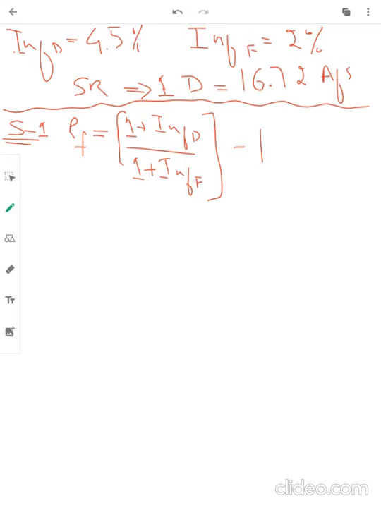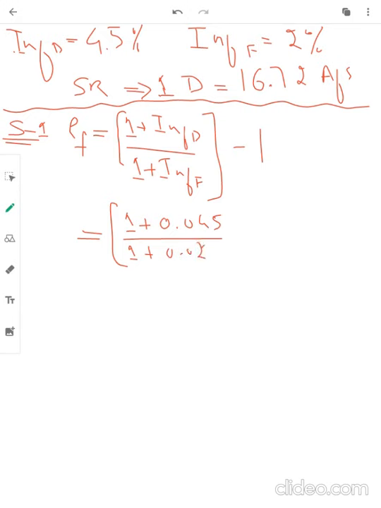So let's incorporate the values. Our inflation of the domestic country or currency is 0.045 because it is given in the numerical that it is 4.5%, while the inflation in the foreign country is 2%, so it would become 0.02.